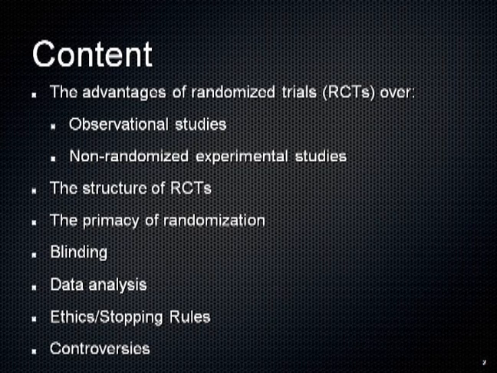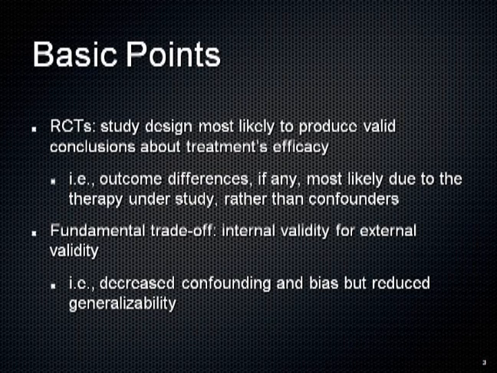We're going to talk about the structure of randomized controlled trials, which determines the question that's specifically asked, not the broader question, the primacy of randomization and the efforts that are required to preserve it, blinding, some aspects of data analysis and presentation, ethics, stopping rules, and a final skitter through controversies in randomized trials.